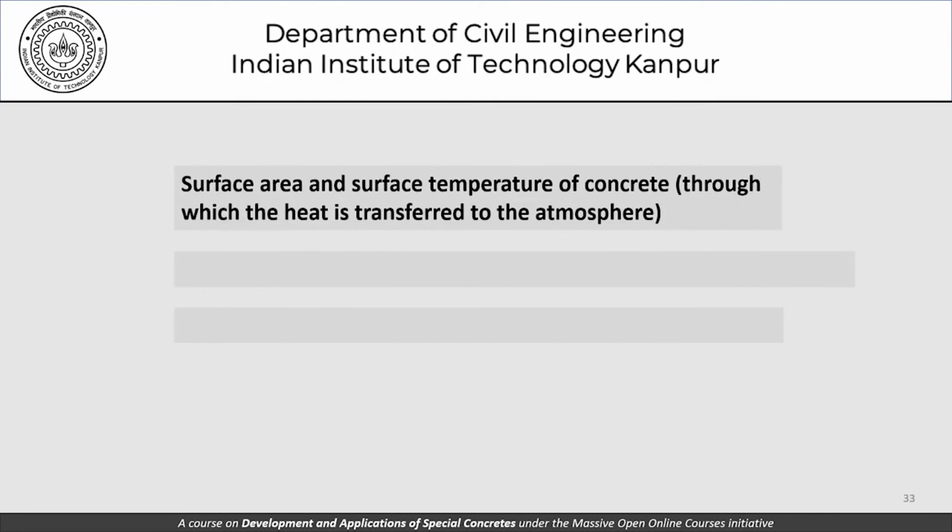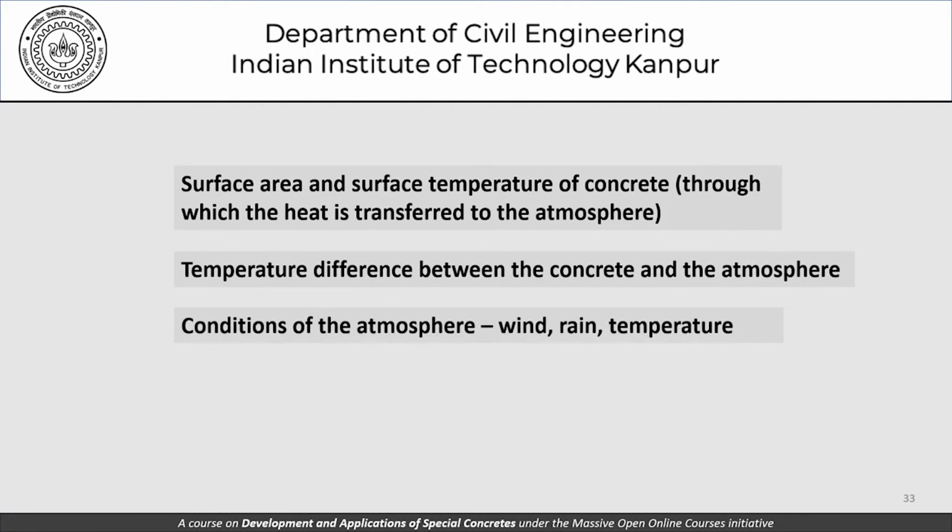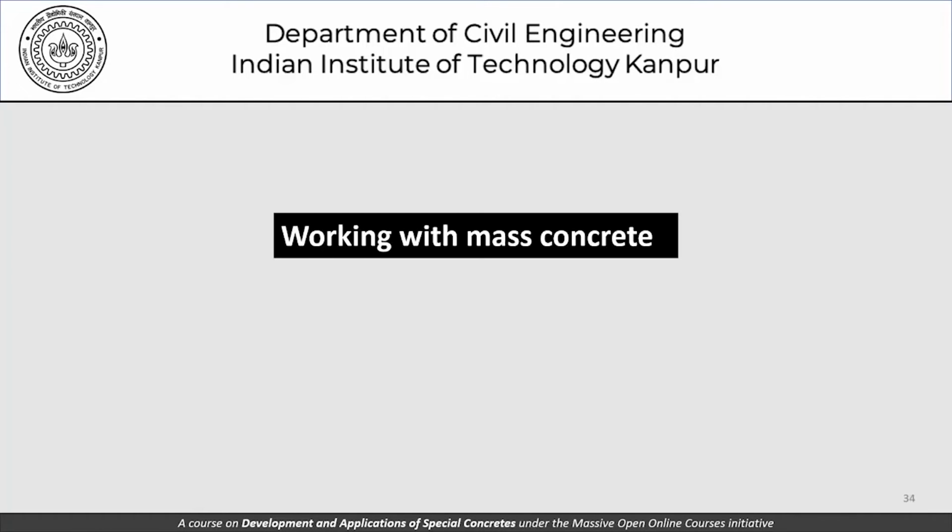Surface area and surface temperature of concrete through which the heat is transferred to the atmosphere, the temperature difference between the concrete and the atmosphere, the conditions of the atmosphere, that is wind, rain and the temperature. All these things matter when it comes to the dissipation of heat from the surface.